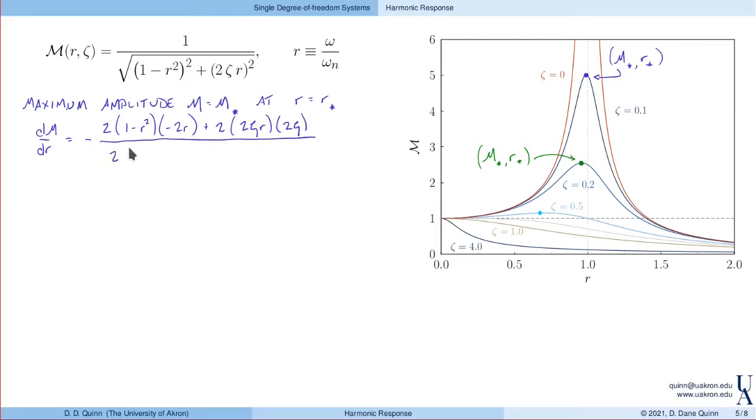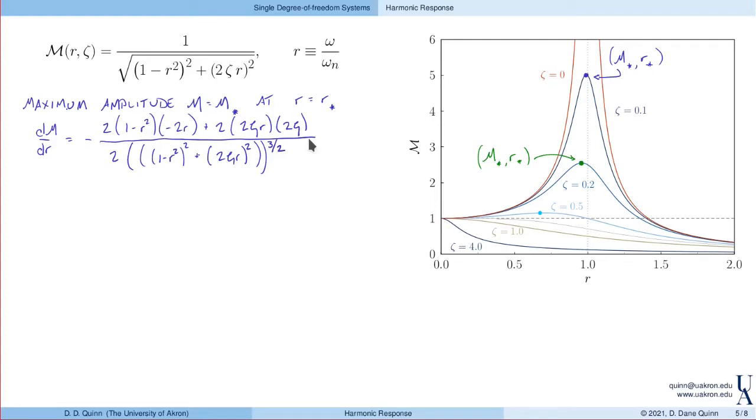You'll end up on the denominator with 2 times the quantity 1 minus r squared plus 2 zeta r, quantity squared, all of that to the 3/2 power.